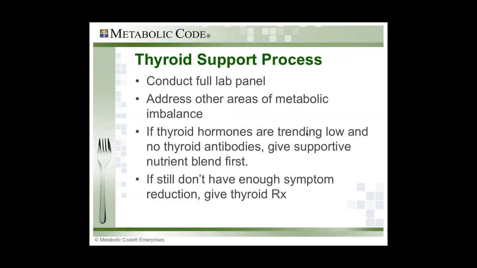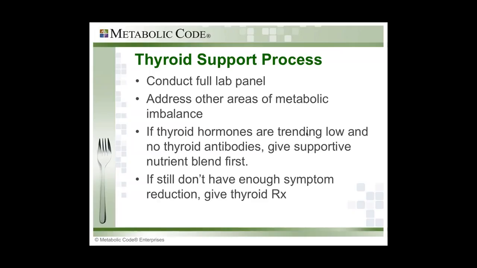So when we're looking to assess and address thyroid support, our process is that we conduct that full lab panel. We address other areas of metabolic imbalance, and if the thyroid hormones are low or trending low and there are no antibodies, we give a supportive nutrient blend first. And the reasoning behind this is that we try to avoid going on thyroid hormone if possible.